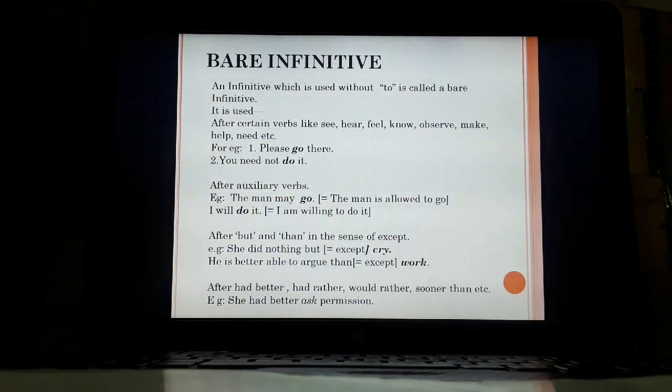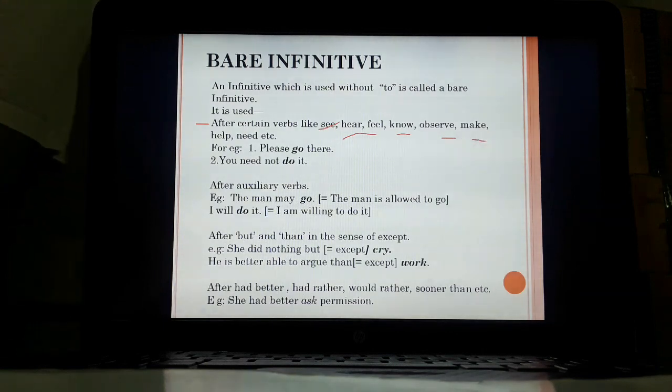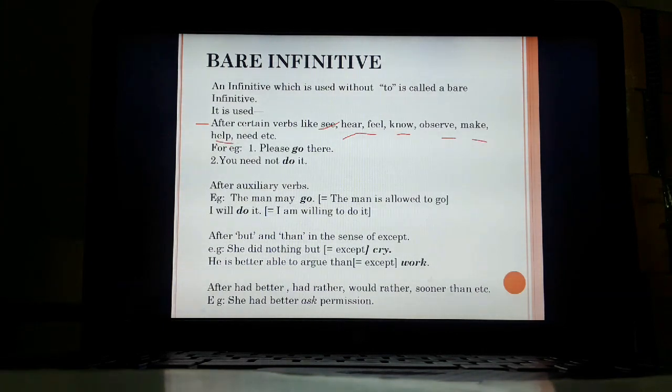The first use: it is used after certain verbs like see, hear, feel, know, observe, make, help, need, etc. For example, please go there. So this go is a bare infinitive. In the second sentence, you need not do it. So what is do? Do is an infinitive, and that too bare. Why bare? Because nowhere has to been used.